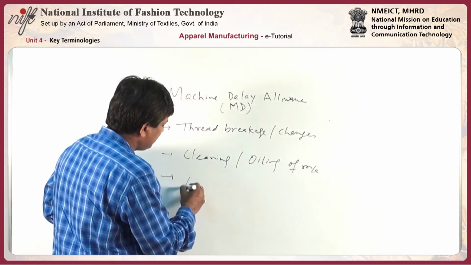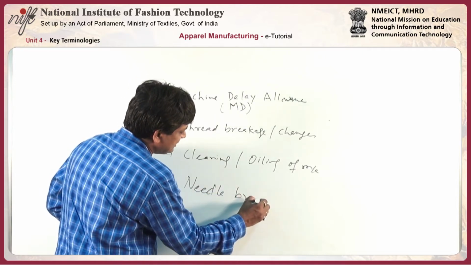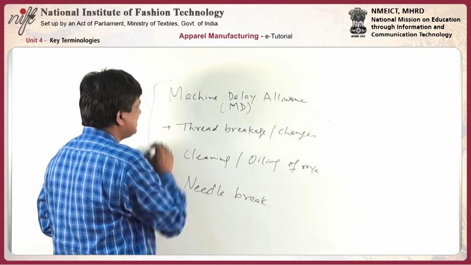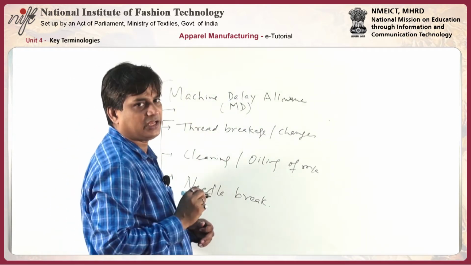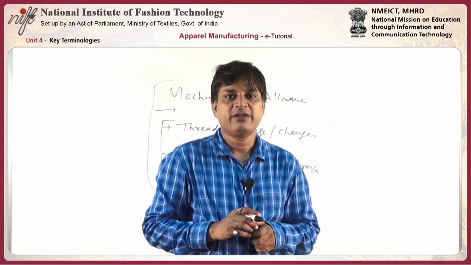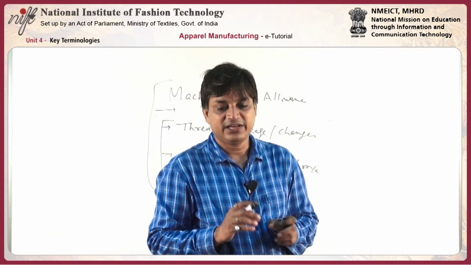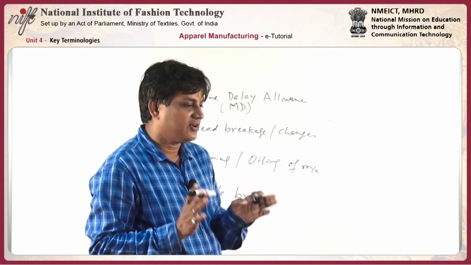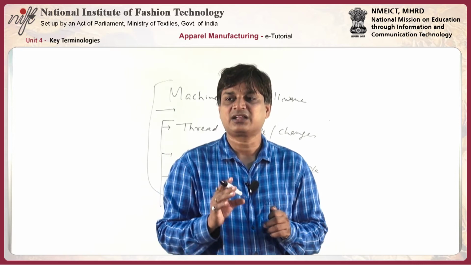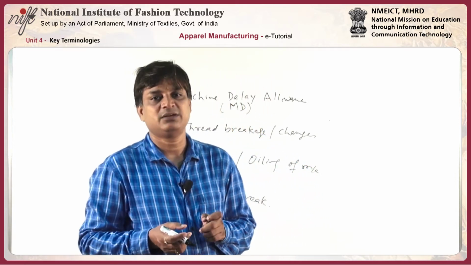In the case of a needle break, a needle change has to be done. So these are the allowances that come under the machine delay allowances. Even for the first 15 minutes of machine delay, if any delay happens due to these things, we consider it machine delay allowance. After that it comes under machine breakdown.